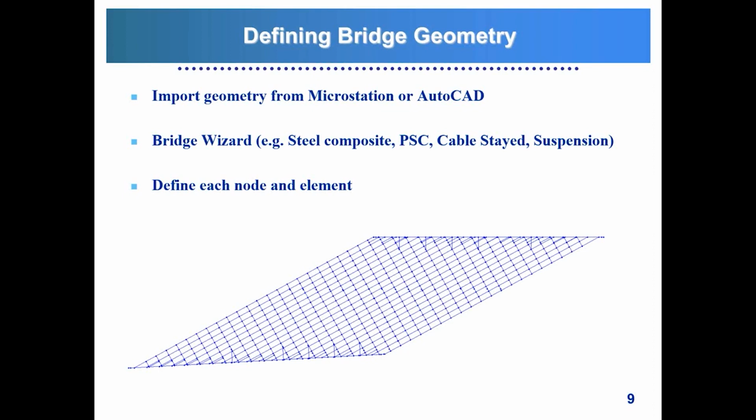MIDAS also provides the bridge wizard, which covers, for example, steel composite bridges, pre-stressed concrete, and other types of bridges. And this bridge wizard, as James was mentioning during the introduction, is really helpful to model structures, including the loads applied to it, very quickly.